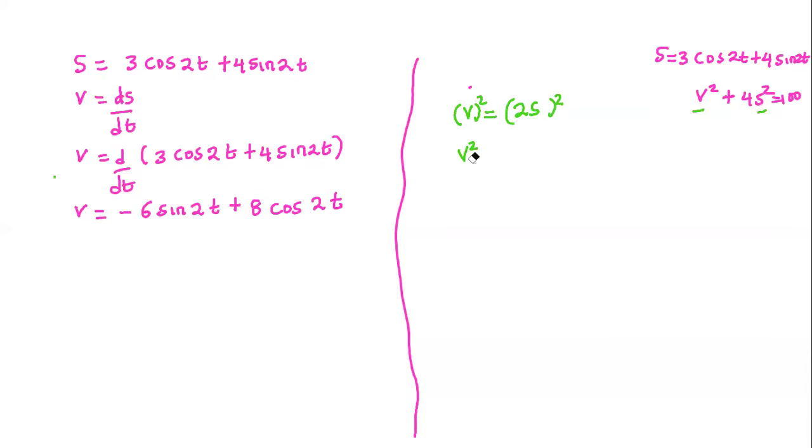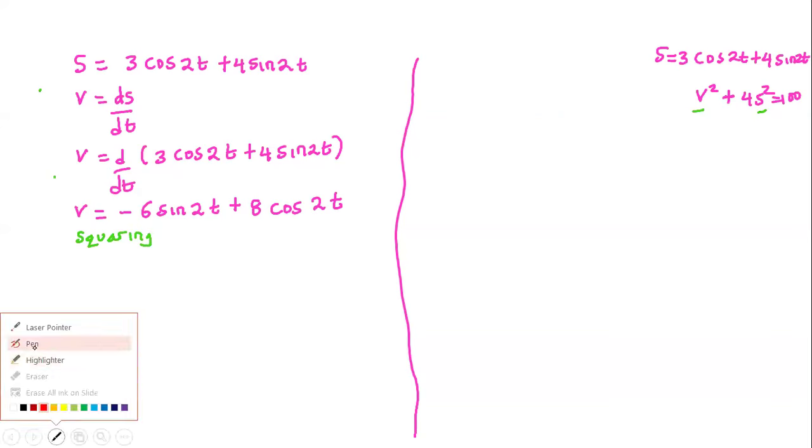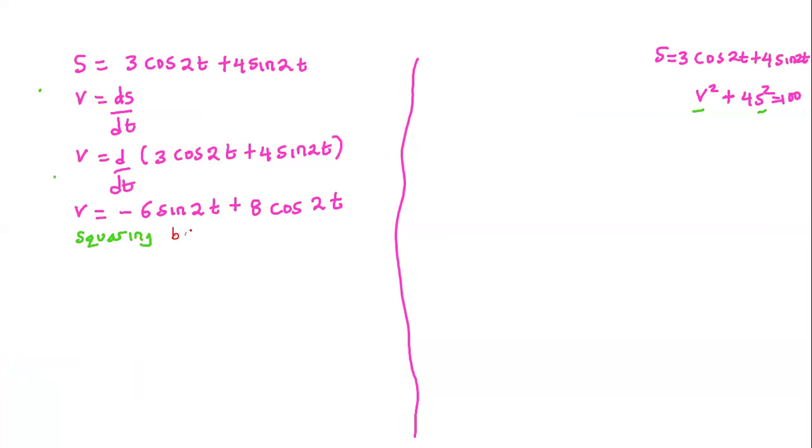That is the concept we are going to apply. So squaring both sides, I'll have v squared is equal to (-6 sine of 2t plus 8 cos of 2t), everything squared. Once you square both sides, you have not changed anything.